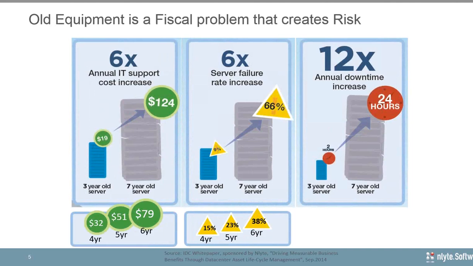Says, oh, well, we were up 99.57% of the year, but those couple hours can translate into, if you're, say, an online retailer, how many clicks were you not able to process as quickly? How much abandonment from that website did you have? If you're financial services, how much extra time did that take the workers? How much productivity was lost? And so that translates into real business dollars. And so this downtime is considerable.